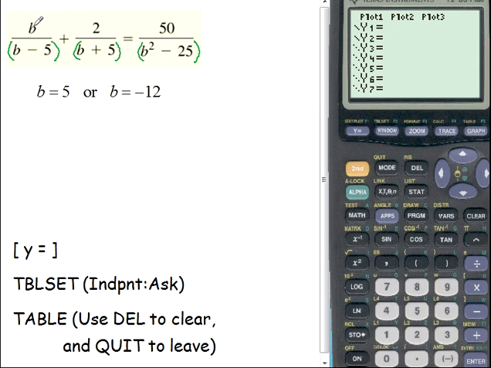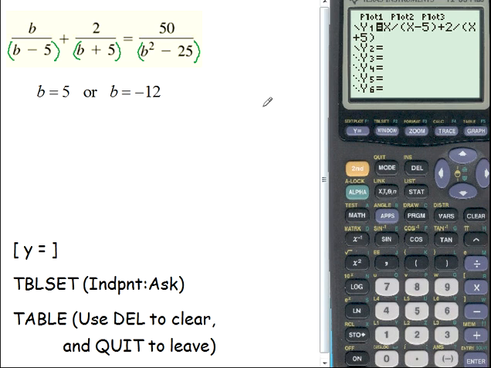So instead of b, we're going to put x. So let's put x divided by, open parentheses, x minus 5, close parentheses, plus 2 divided by, open parentheses, x plus 5.